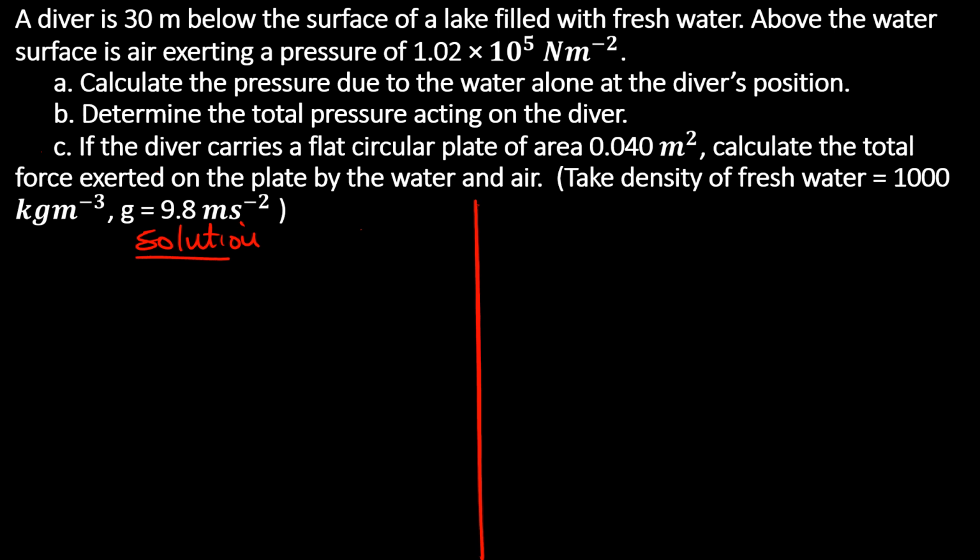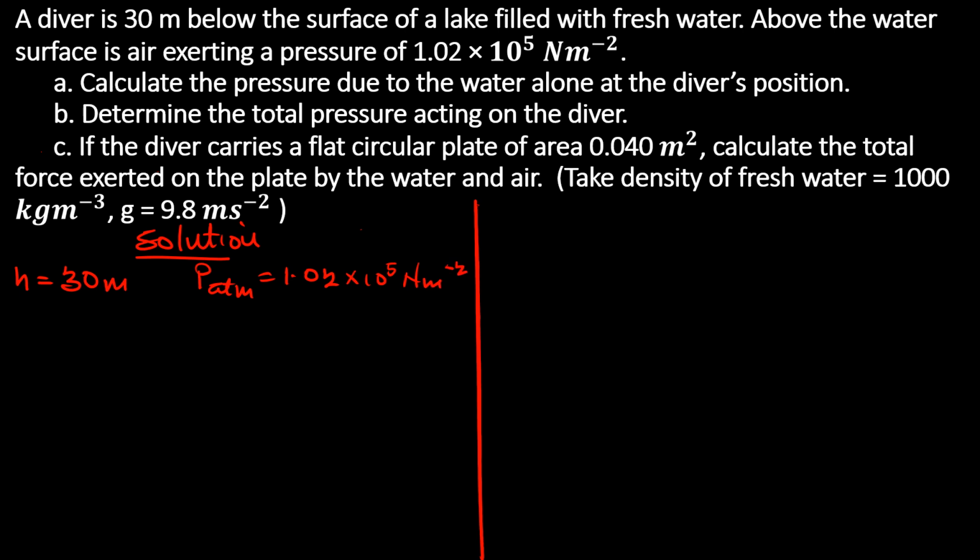The depth of the diver, which is H, was given to be 30 meters. And also the atmospheric pressure, let's make it PATM, that was 1.02 times 10 to the power 5 Newton per meter squared.